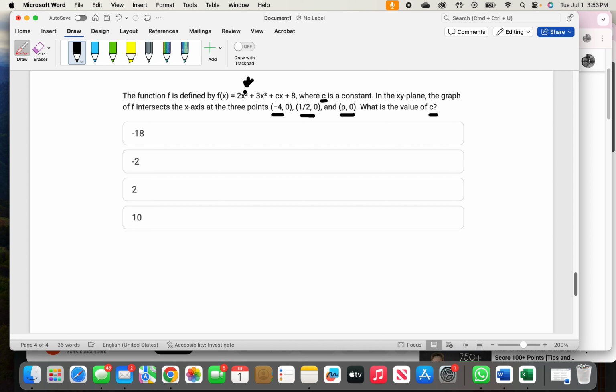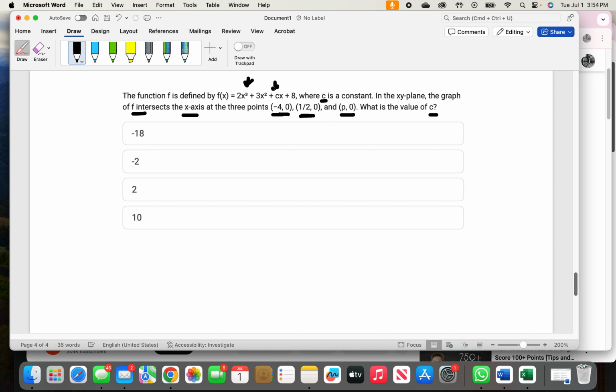And those values of x are where the graph is going to intersect the x-axis. In other words, those are the values of x when y equals 0. So the x values of these 3 points are the 3 values of x. Okay, with that being said, now I can solve for this c.